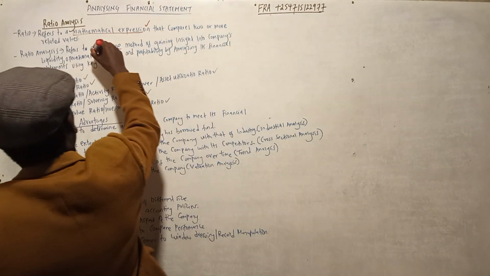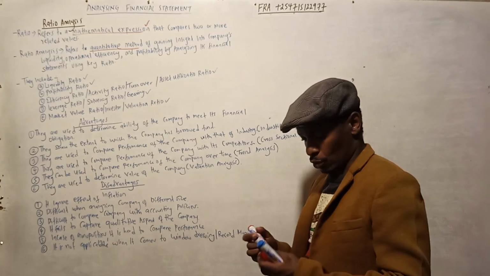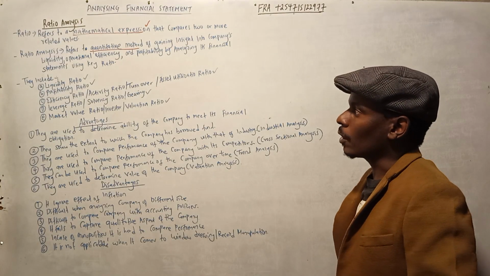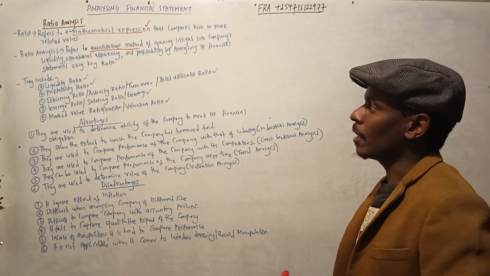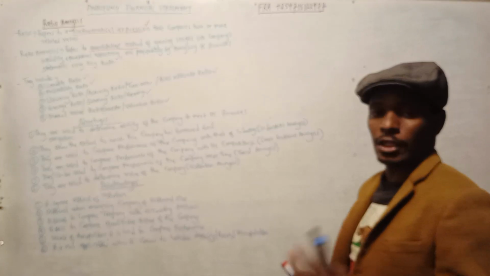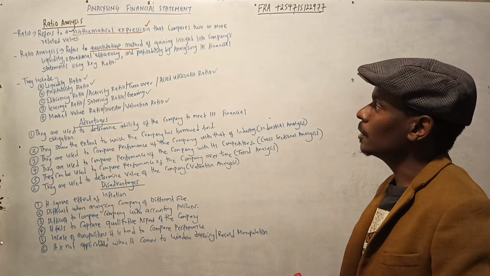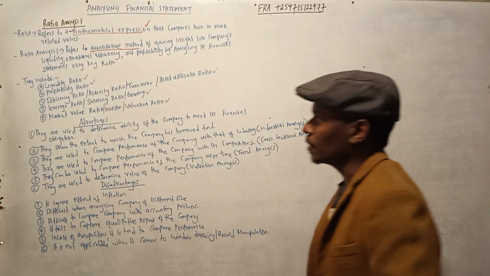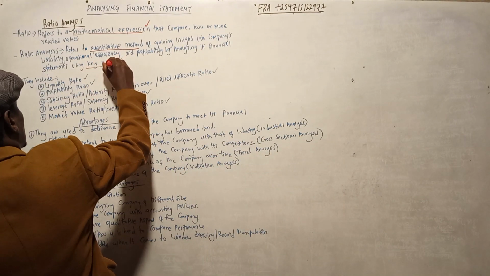When we talk about quantitative method, we're talking about the mathematical method or the statistical method, but let us go with the word mathematics. It refers to the quantitative methods of gaining insights into the company's liquidity position, operation efficiency, and profitability, by analyzing its financial statement key ratios.